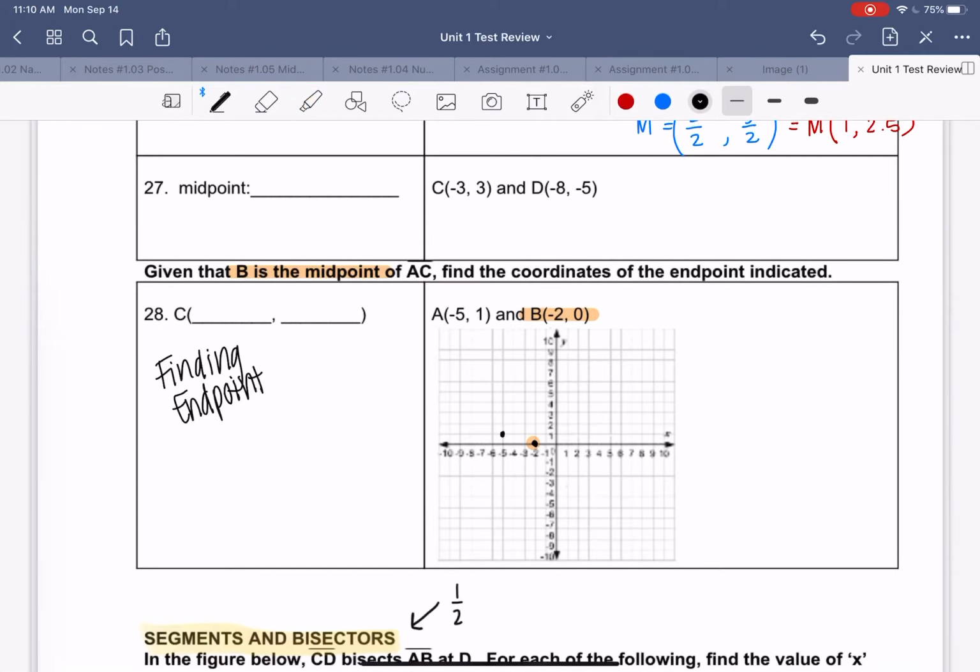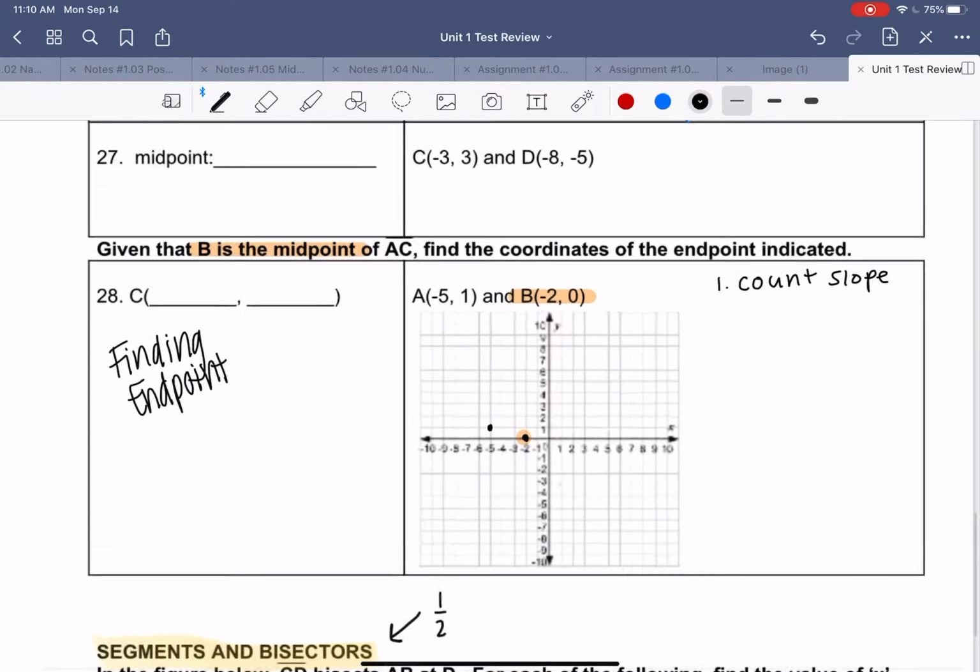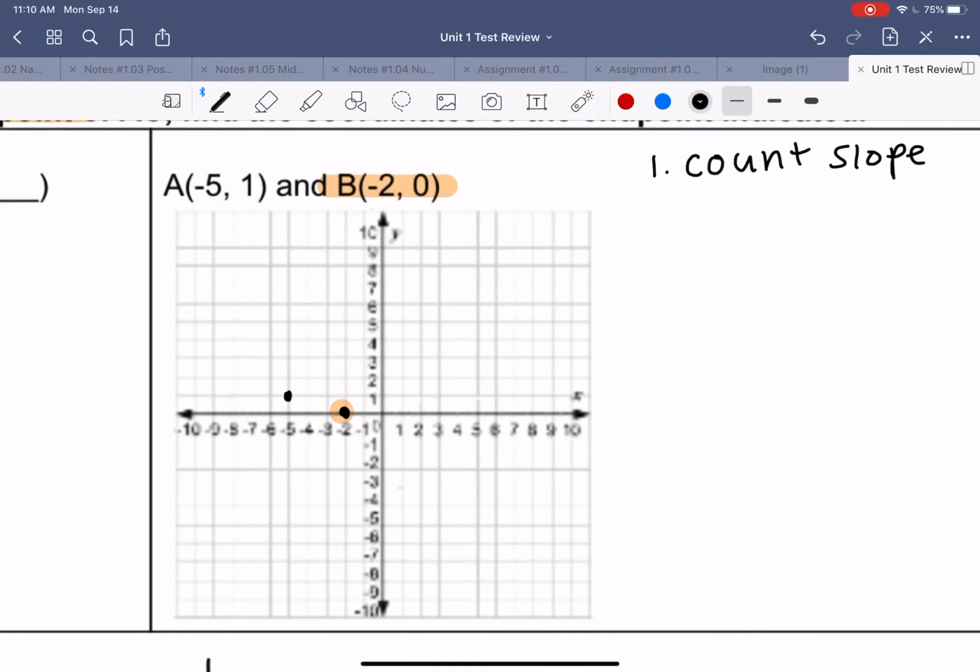All right, so once you're done plotting your points, you need to count slope. I'm going to zoom in a little bit. You need to count slope. So our slope here is we go down 1 and then to the right 1, 2, 3.